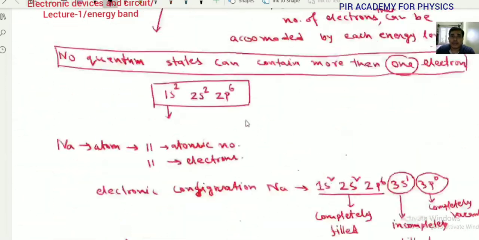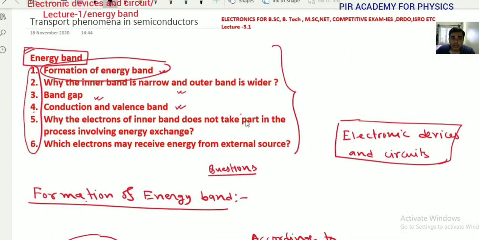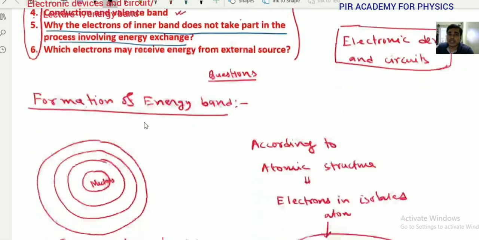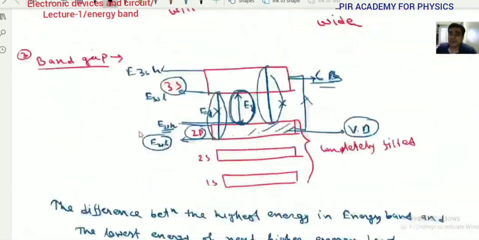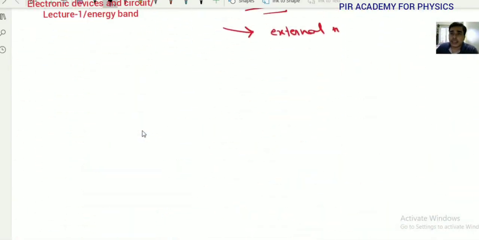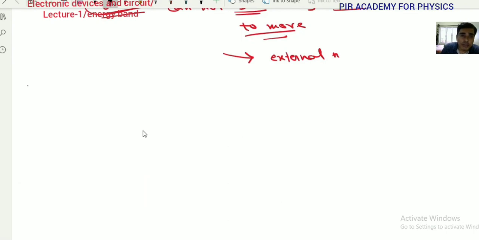Now the second question, question number 5. Why do the electrons of the inner band not take part in the process involving energy exchange, okay? Why not? That means question number 5. What is the question?